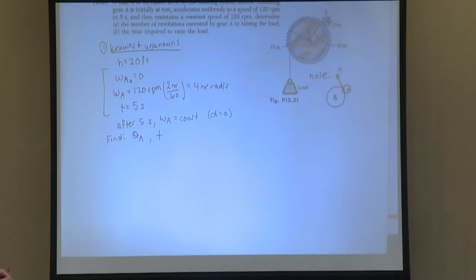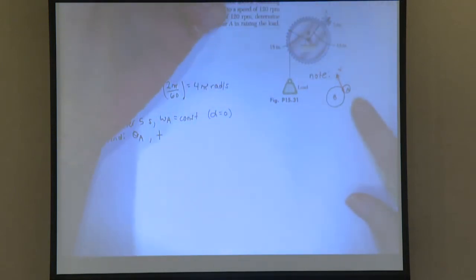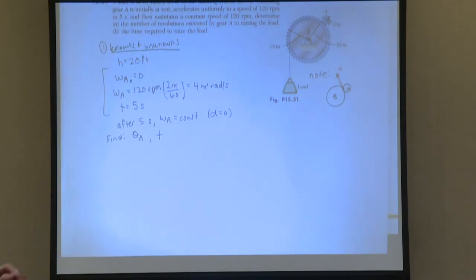So the total arc length is going to be the same. A has a much smaller radius, though, so its revolutions are going to be a lot higher than B. But the total distance traveled, the total circumference, is going to be the same between the two. Okay? So I can say, let's see, do you guys know what the equation is for arc length?